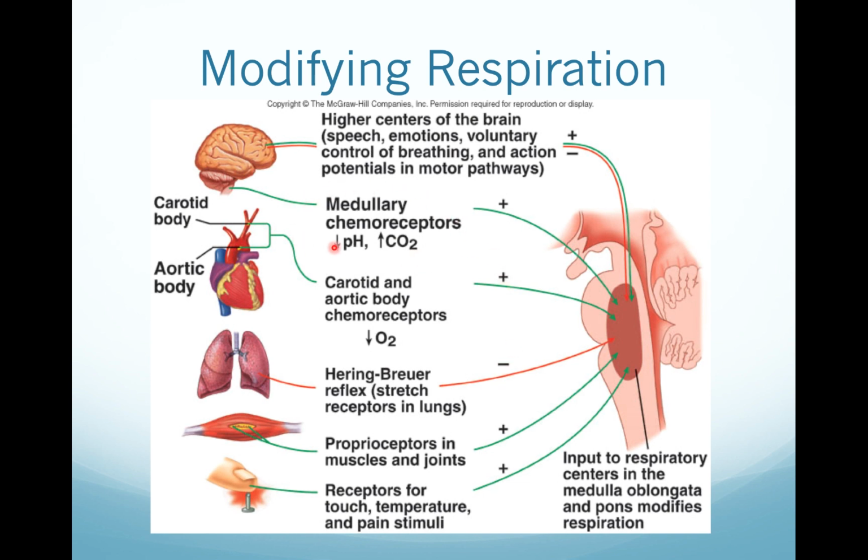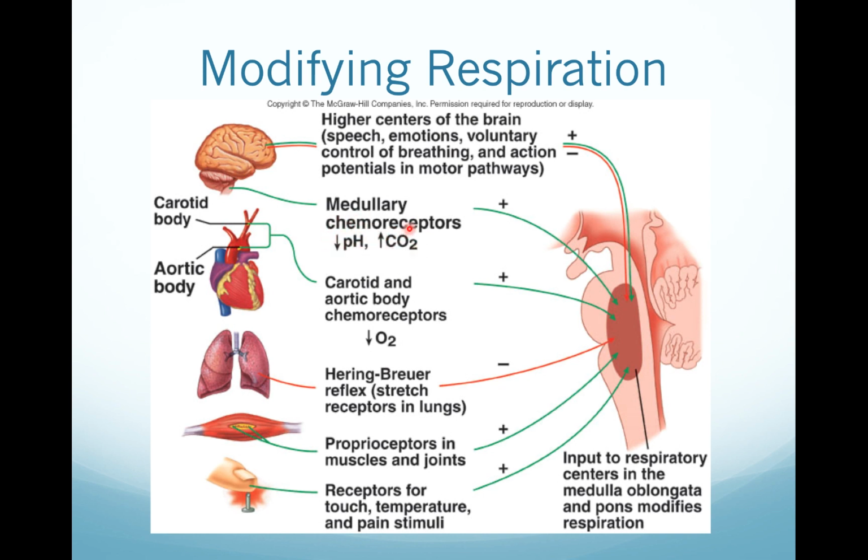First one, chemoreceptors. These guys receive chemical changes. Now from what you learned, when you have a lot of CO2 in your blood, what does it get converted into? A proton and bicarbonate. The more CO2 you have, the more protons you're going to make, which means the lower your pH is going to be.